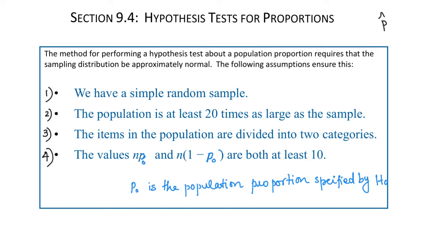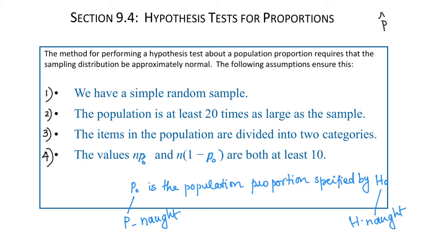The values n times p naught and n times 1 minus p naught are both at least 10. So p naught represents the population proportion specified by the null hypothesis. I am pronouncing this as p naught. You can also call this h naught.